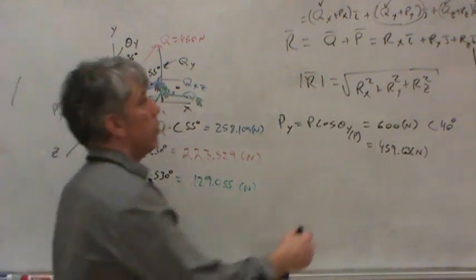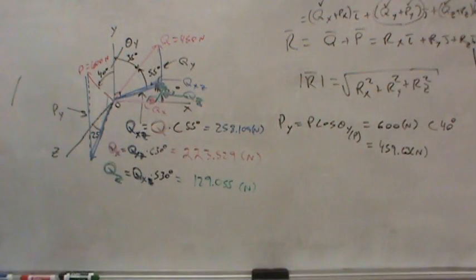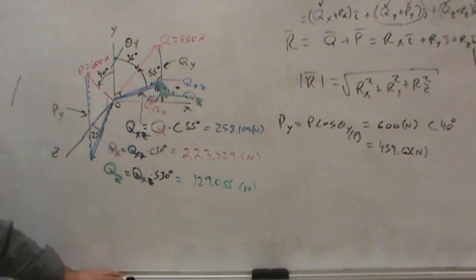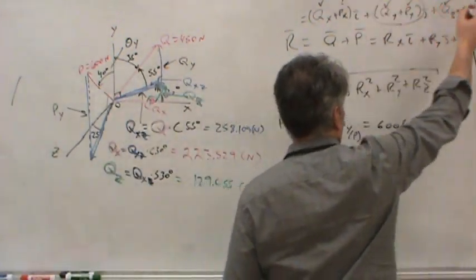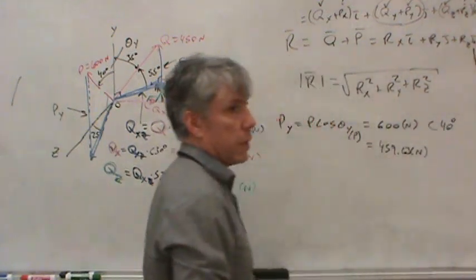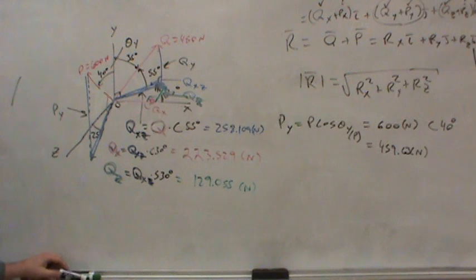So now we have QY, PY, QX, QZ. Now what do you think I should do next? Add them. Well, we don't have everything we need. We still need PX and PZ. What are we going to have to do to get PX and PZ? We need to find the angle off of that P projection.